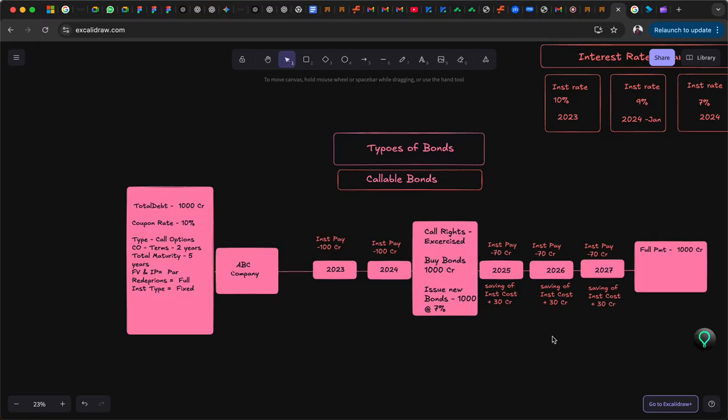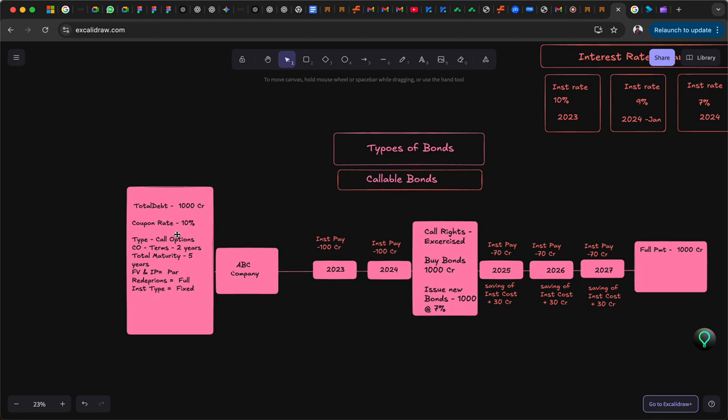See, basically what happened now, if you look at this one, actually bond interest, before exercising a call, this company was paying a 10% coupon rate. What if there is another company who is paying a 7% interest rate? Because interest rate goes down. If the interest rate goes down, then people will not participate in such events.